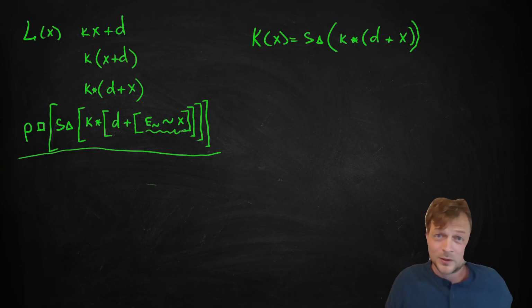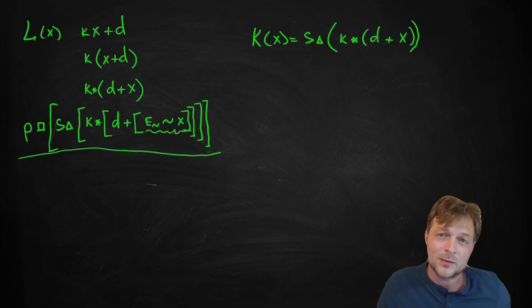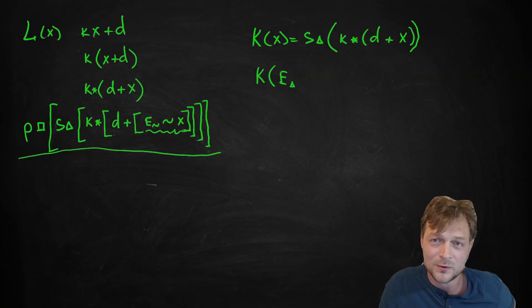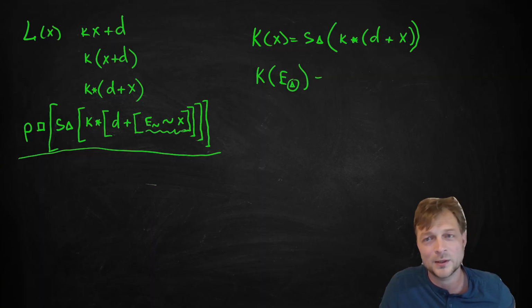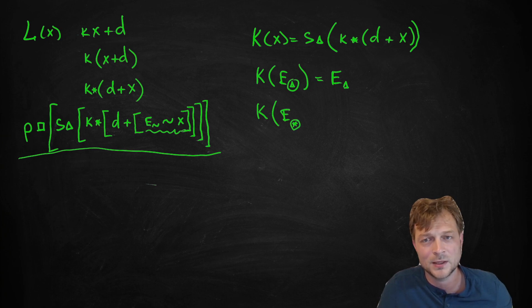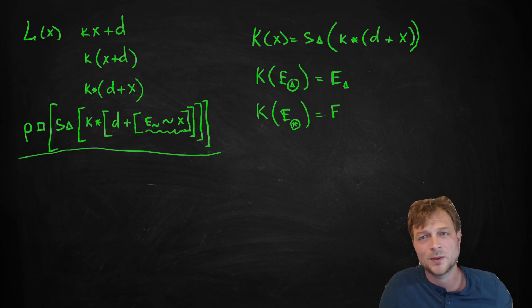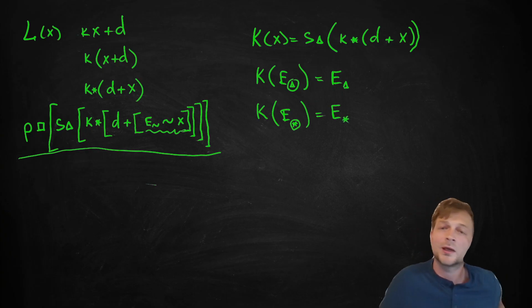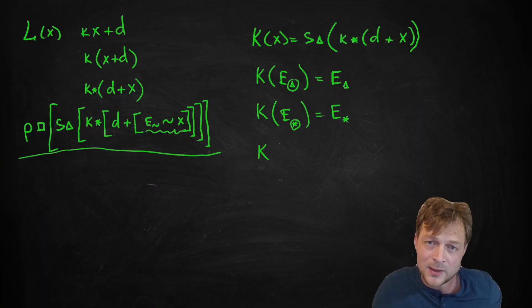So what we want from this K of x, we wanted to map our desired identity element for triangle to the canonical element for triangle, and same for our other operations. For multiplication, we want to map it to the canonical multiplication identity, and want it to map the desired plus identity to the canonical plus identity.